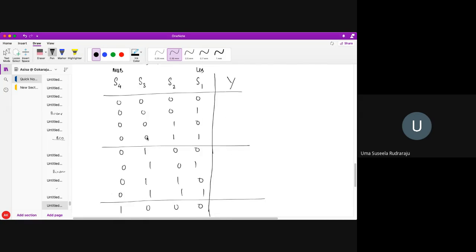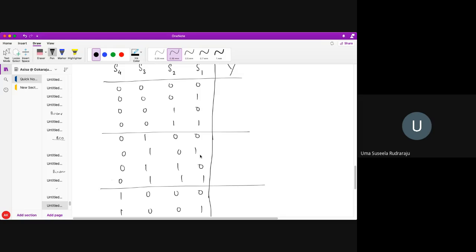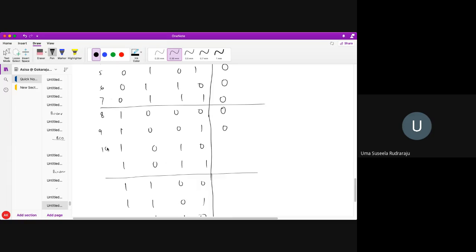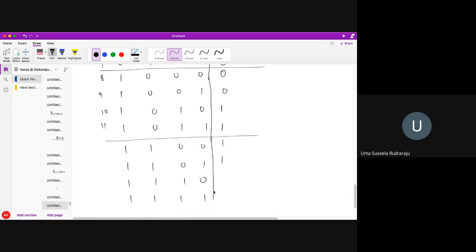Now for those 16 cases, when do I need correction? From 0, 1, 2, 3, 4, 5, 6, 7, 8, 9, up to 9 I don't need any correction. There is no erroneous output, so I'm just putting 0 here. There is no error. But after 9, from 10 onwards, there is error, so I need to correct it.